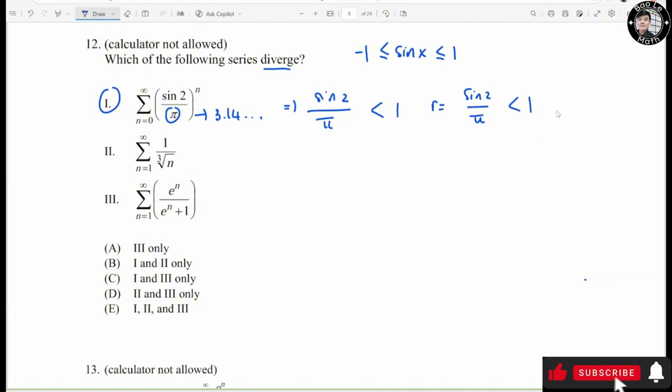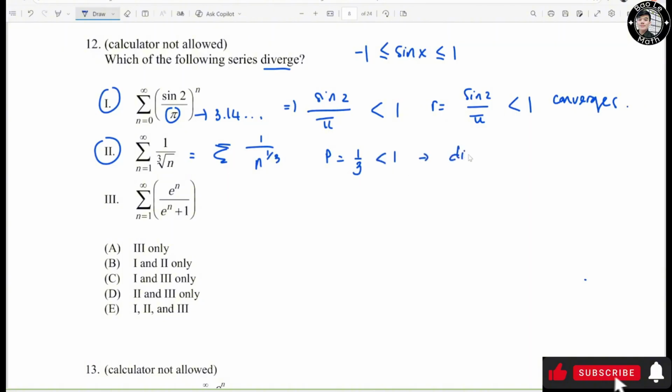So the series converges by the geometric series test. Next, this is the series of 1 over n raised to the 1/3. This is a p-series where p equals 1/3, which is less than 1.